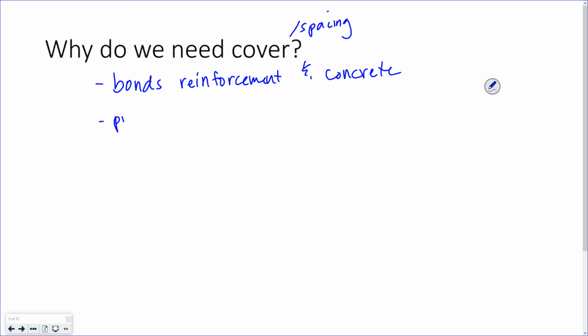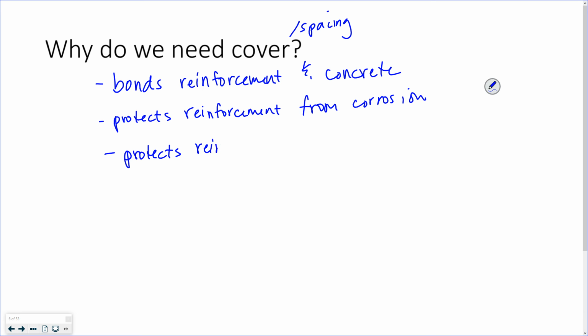On the outside, it protects the reinforcement from corrosion. Also, adding cover as an insulator protects the reinforcement from overheating.